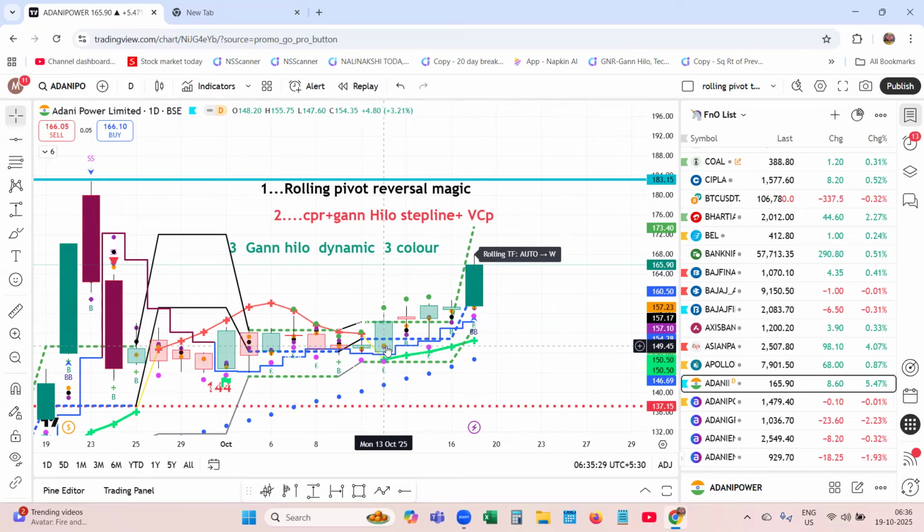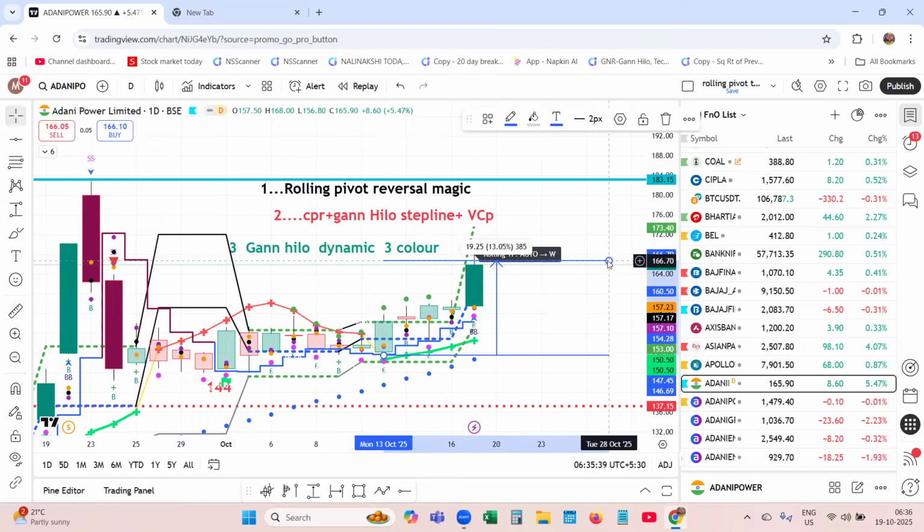Only 6 days. It consolidated for 2 weeks, and within 6 days you are getting an increment of 13%, 19 points. You have entered properly around 146.